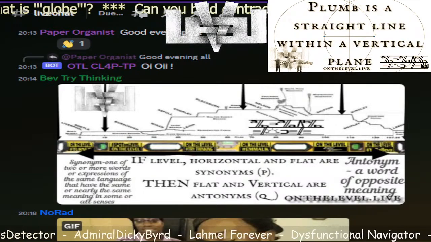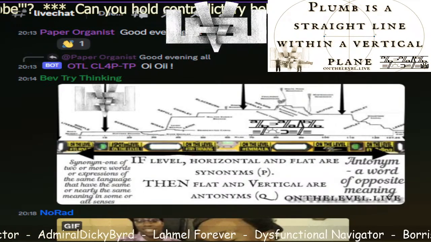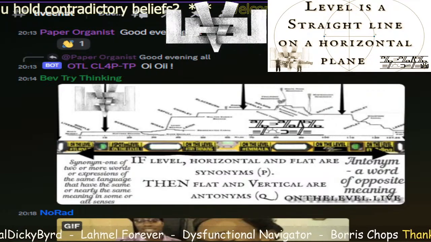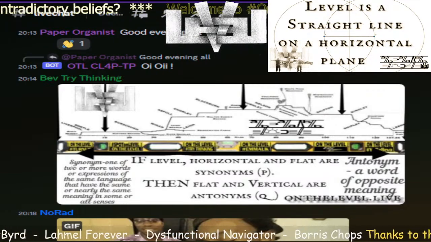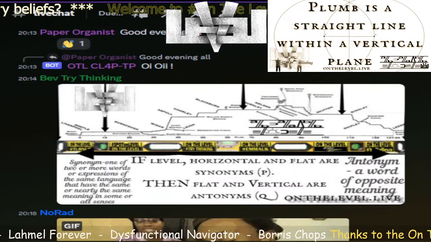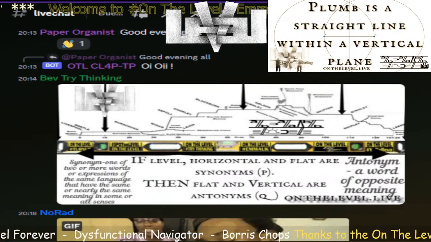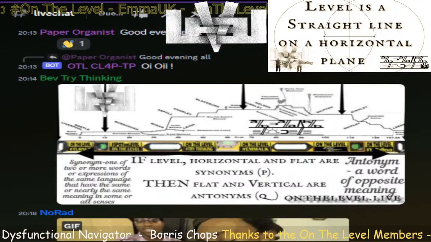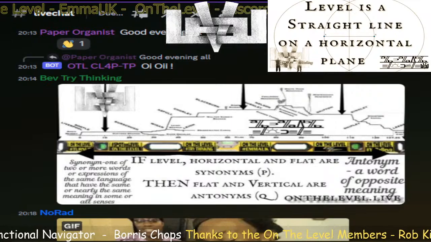which leaves the person who enters the argument with level, horizontal and flat are synonyms in a position that all people have to do is show vertical, and that ruins flat. It's an antonym.